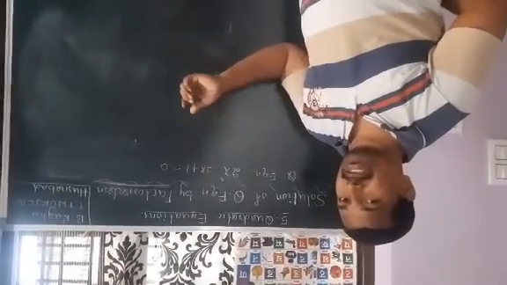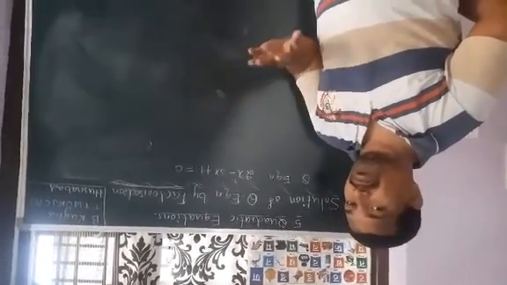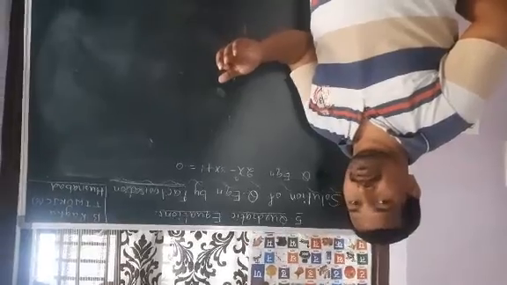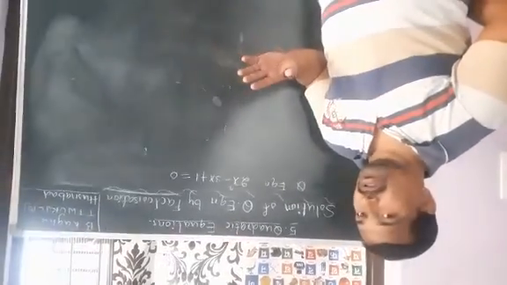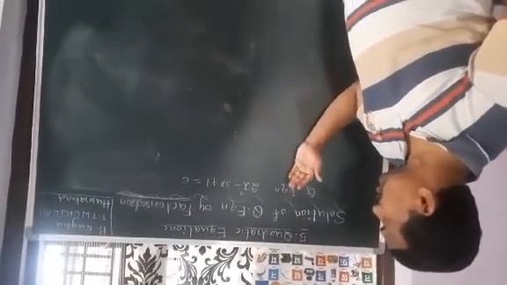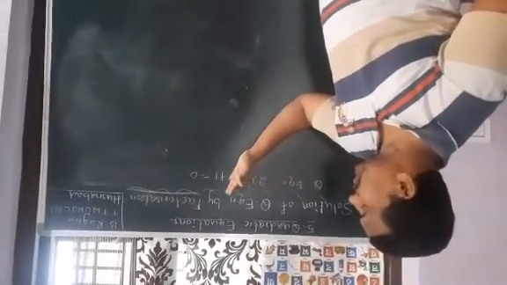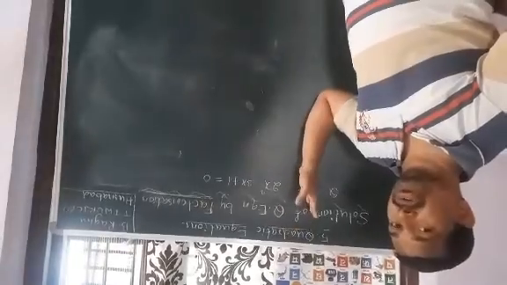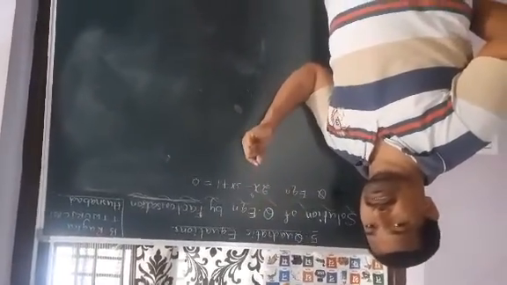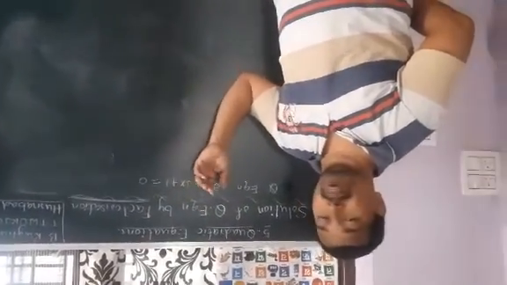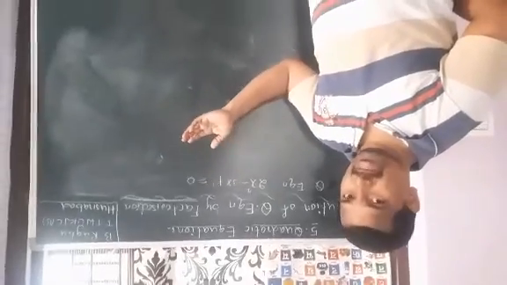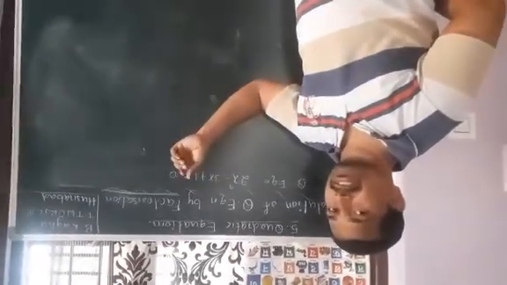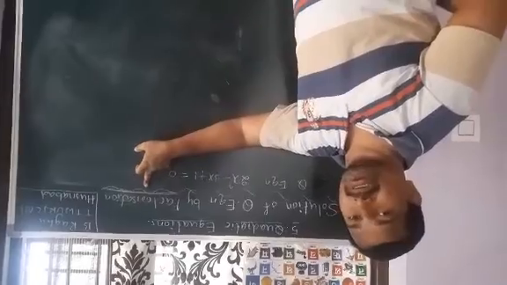So to find that x value, we are finding the solutions. Okay now, let us see solutions of quadratic equation by factorization method. To find the solutions, we have 2-3 methods: by factorization, by completing the square, or by using the formula. First we are discussing the factorization method.